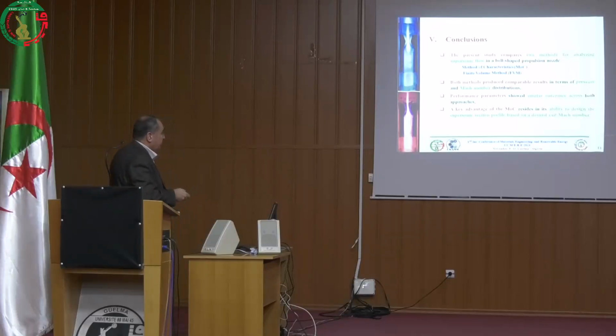A key advantage of the method of characteristics is its ability to design a supersonic section profile based on a desired exit Mach number. That means that if we know the Mach number at the outlet, we can design the supersonic nozzle just on the basis of the Mach number at the exit.